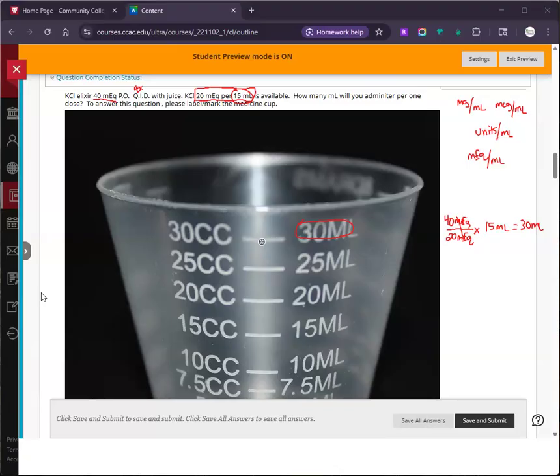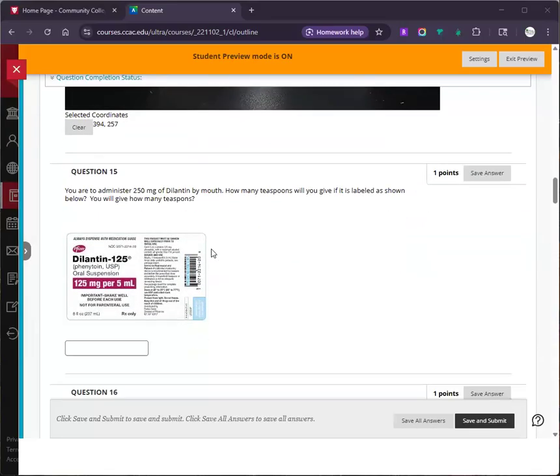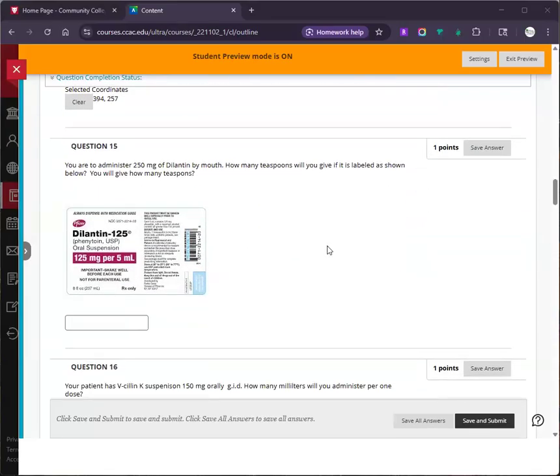All right, I want to look at one more and then we'll wrap it up for today. So this is another example of a liquid-based medication. It's for Dilantin. So what I want you to do is read the question and then tell me how you would answer this, including the units in your answer. But obviously on here you would just type in the number.